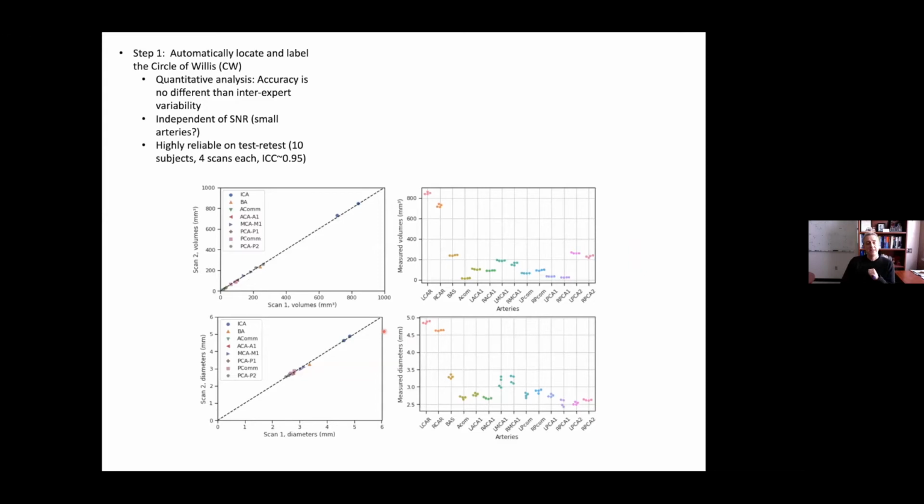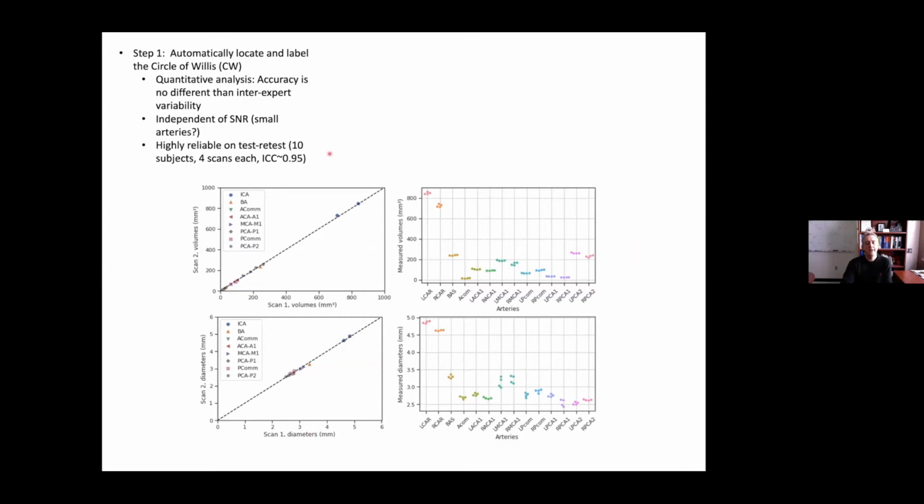The last thing we did is a retest analysis. So here, these are 10 subjects, each of them scanned 4 times, 2 scans in the same session, the remaining 2 sessions on a different day. And we had an intraclass correlation of roughly 95. So you see scan 1 versus scan 2, whether you're computing the volume of the artery or the diameter of the artery, you essentially get the same result in the same person.